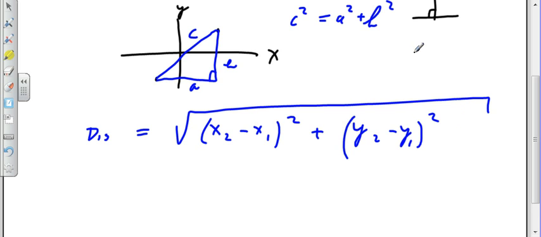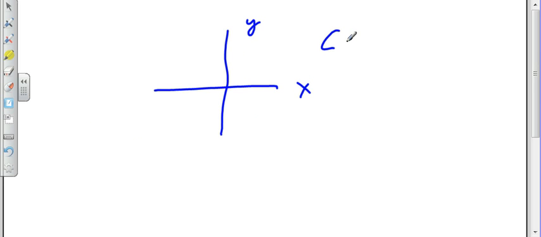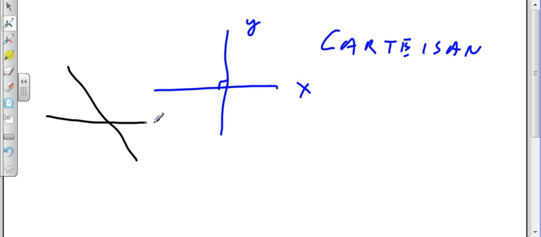Now, back to history for a moment. We call these Cartesian coordinates, right? After some French guy, and they're at right angles. Unfortunately, when Cartesian did these coordinates, he didn't put them at right angles. His coordinate system wasn't at right angles.